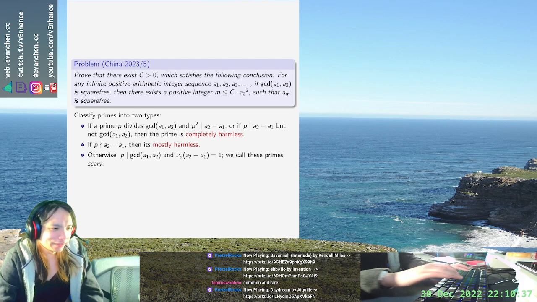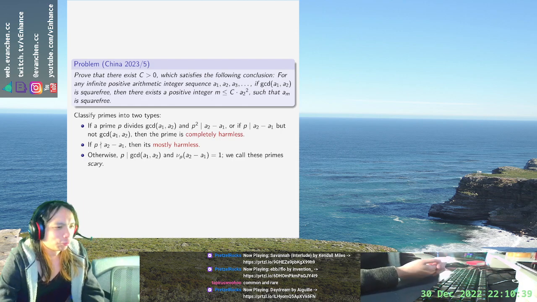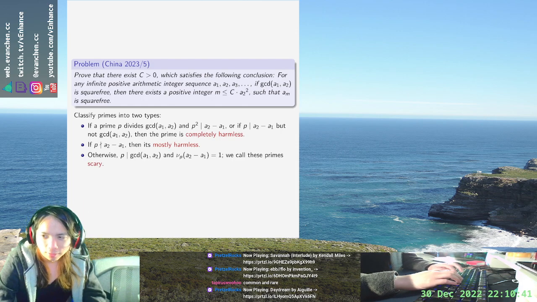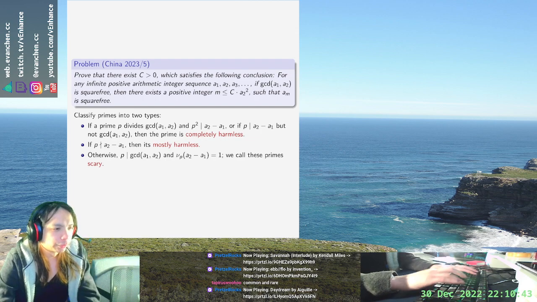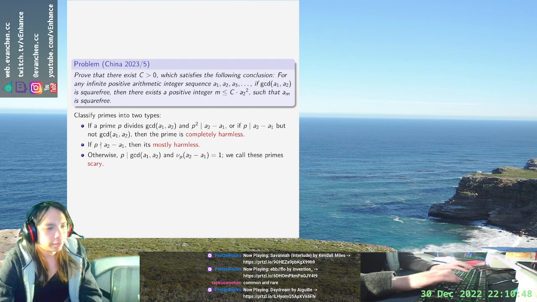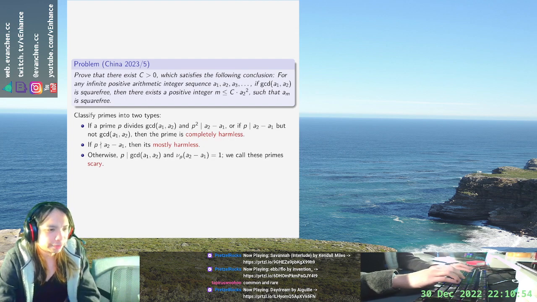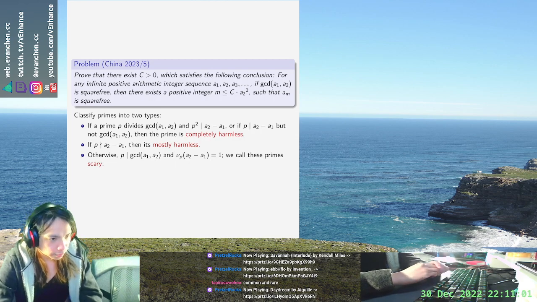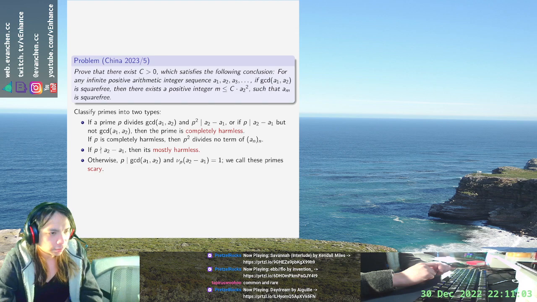Because basically the intuition is the following. When I split the primes this way, if P is completely harmless, then P squared doesn't divide any term of A_i.